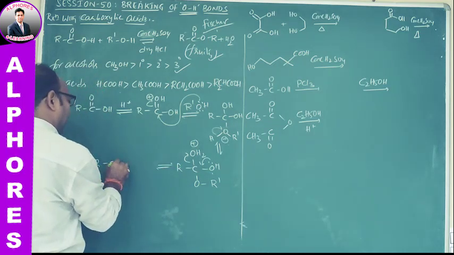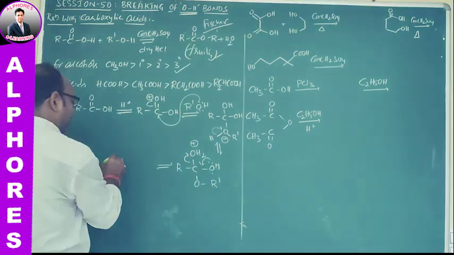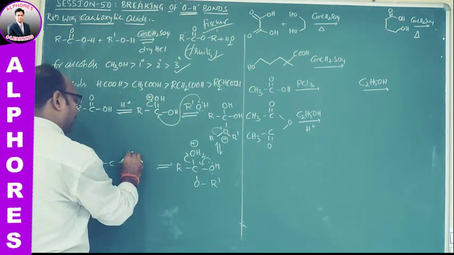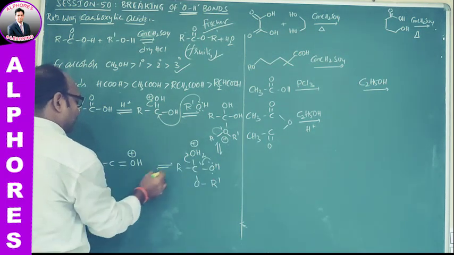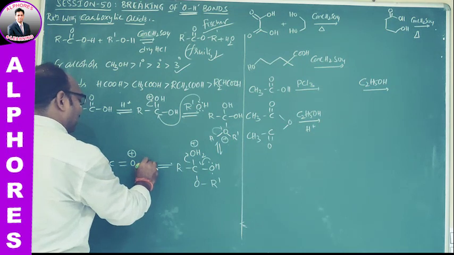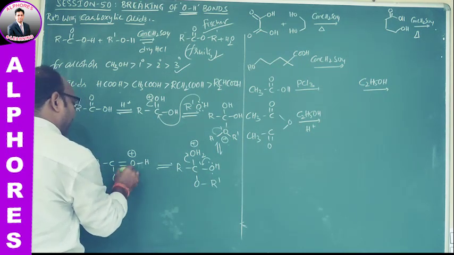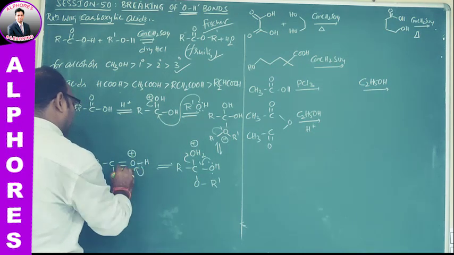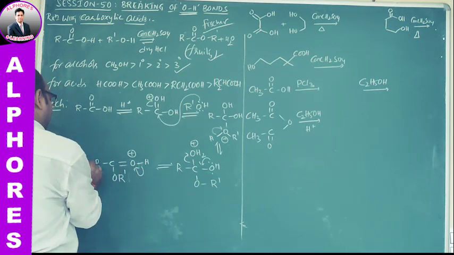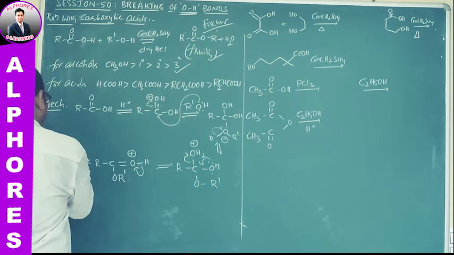It leaves, and the carbon-oxygen double bond forms again. At that time this oxygen bears a positive charge, with OR' remaining, and to compensate that positive charge, the O-H bond electrons shift again. Then we get RC double bond O-R'.